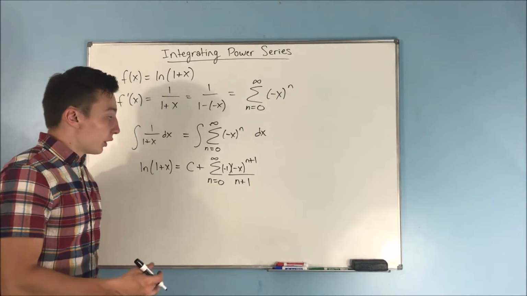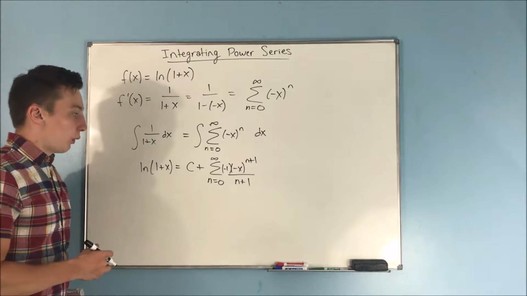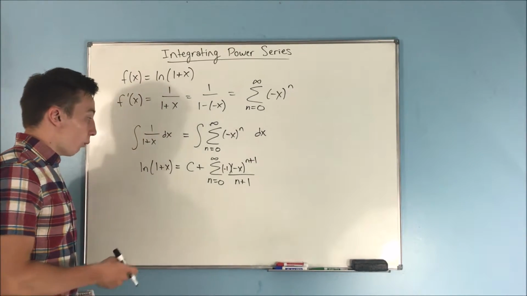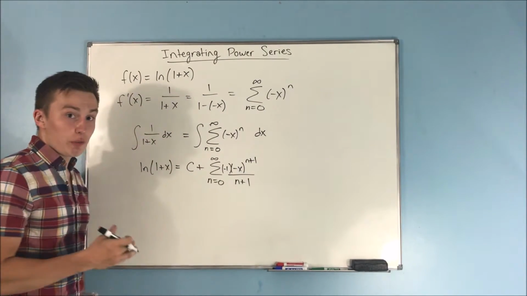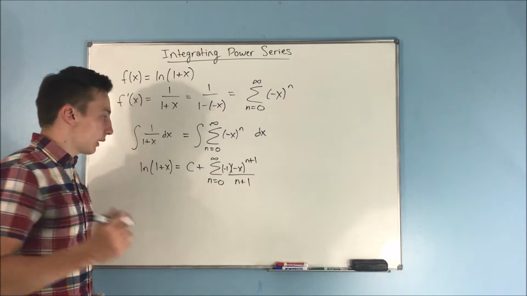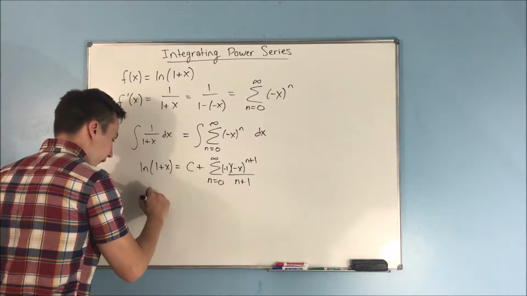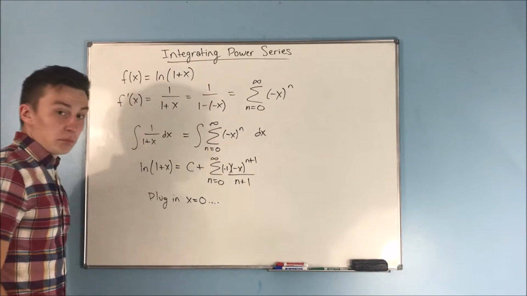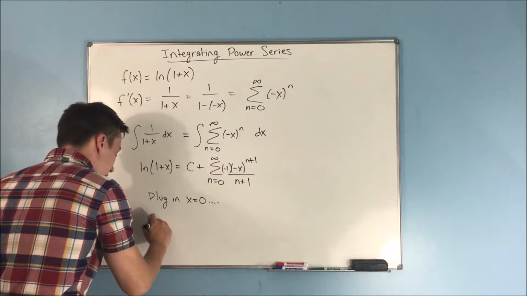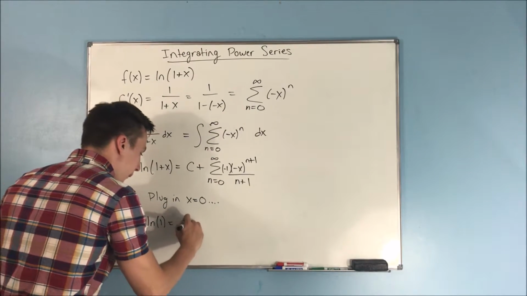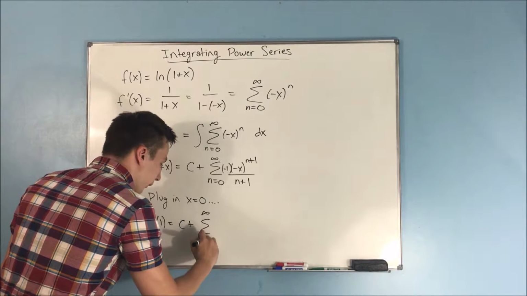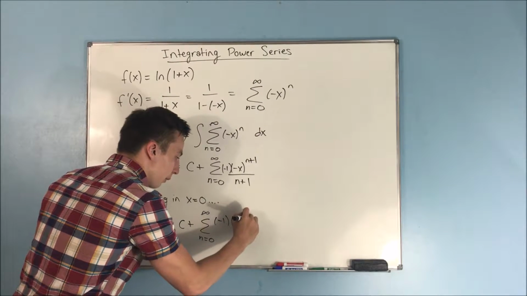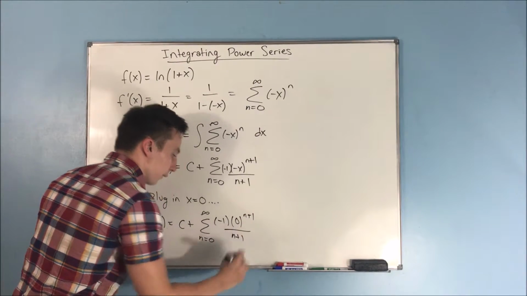All right, cool. So now what do we do? Well, we need to be able to find c. To do that, we have an x on this side and an x on this side. So let's plug in x equals 0. We have natural log of 1 is equal to c plus the sum from n equals 0 to infinity of negative 1 times 0 to the n plus 1 power over n plus 1.